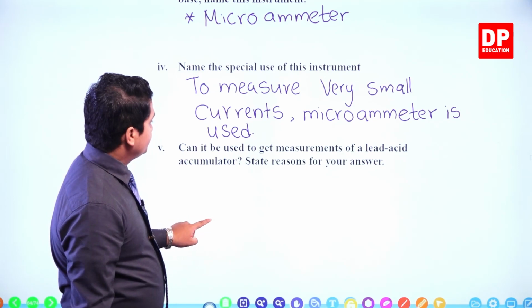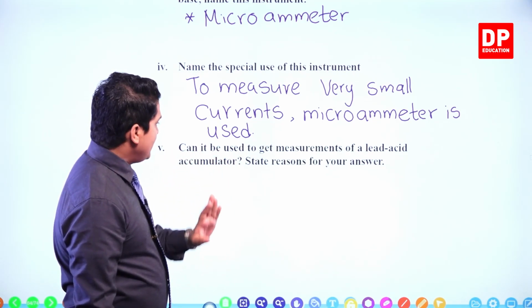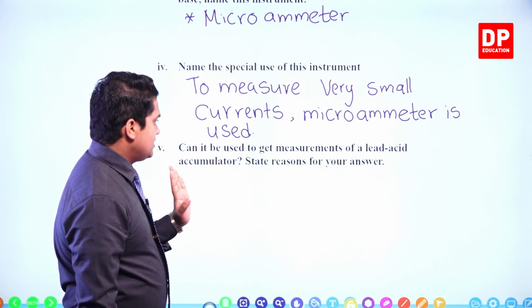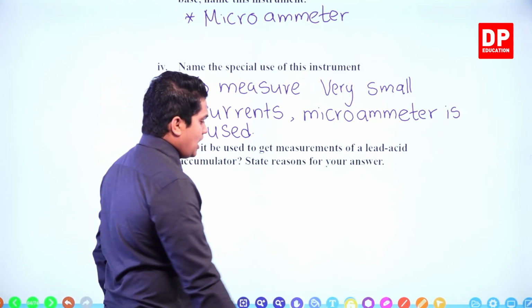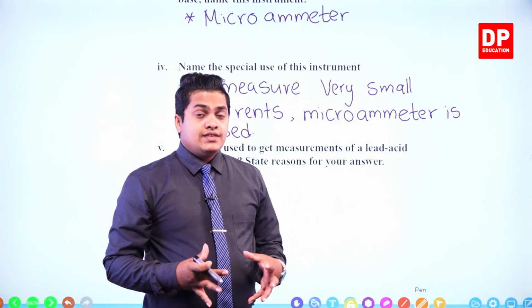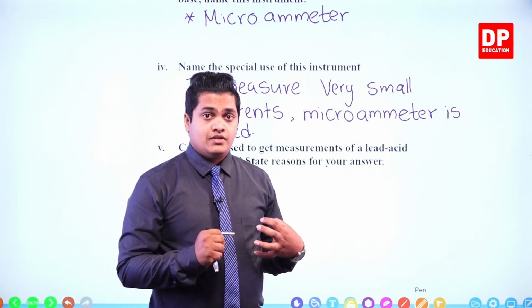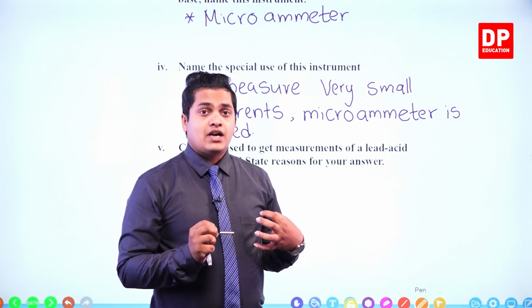Fifth question. Can it be used to get measurements of a lead acid accumulator? State the reasons for your answer. A lead acid accumulator is the heaviest battery that we can observe. These are the car batteries.